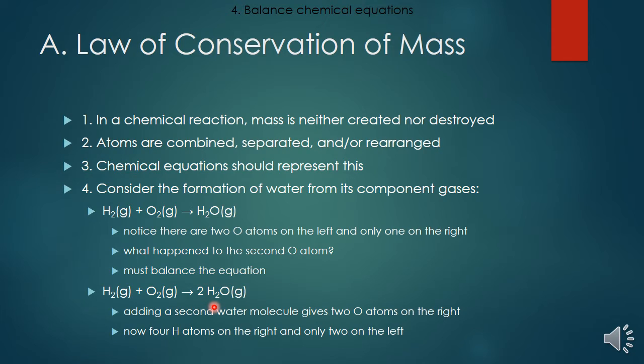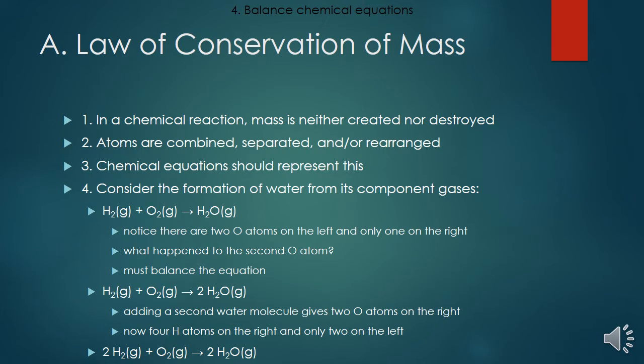So that would give us four atoms in total of hydrogen, but there's only two on the left. Well, we could counteract this by including two molecules of hydrogen gas on the left. So now notice there would be four hydrogen atoms on the left and four hydrogens on the right, two oxygens on the left, two oxygens on the right.